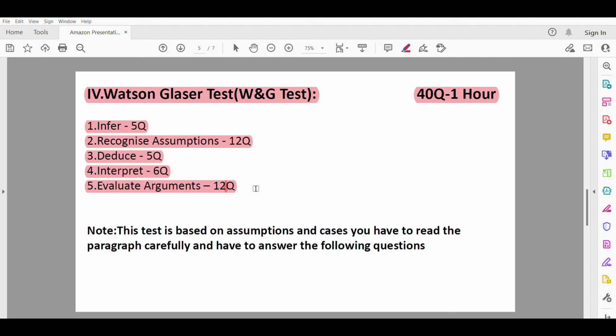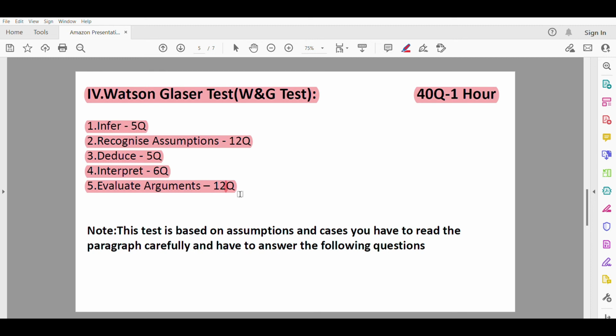These also cover infer, recognize assumptions, deduce, interpret, evaluate arguments. These are all the same: basically, they will give you one question, and you have to answer whether assumption one is correct, two is correct, both are correct, or nothing is correct. Okay, so this is the Watson Glaser test.